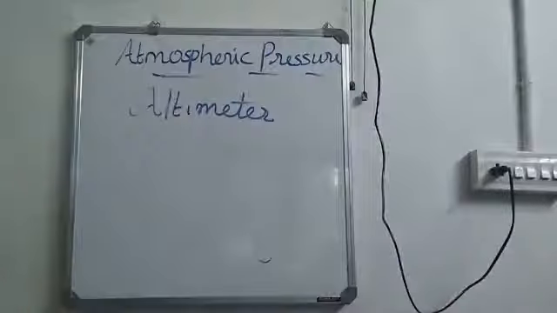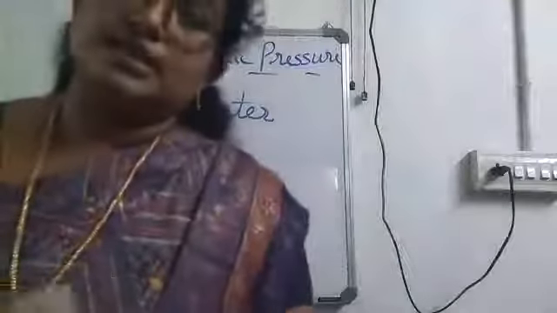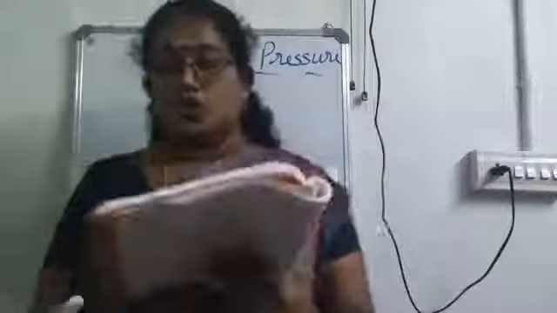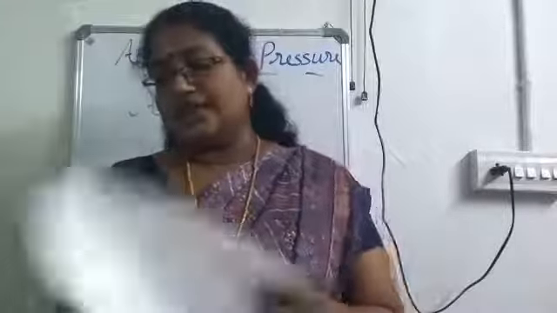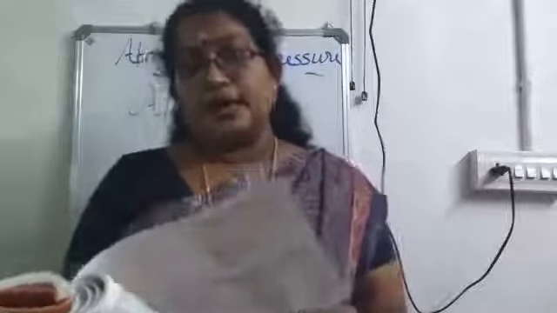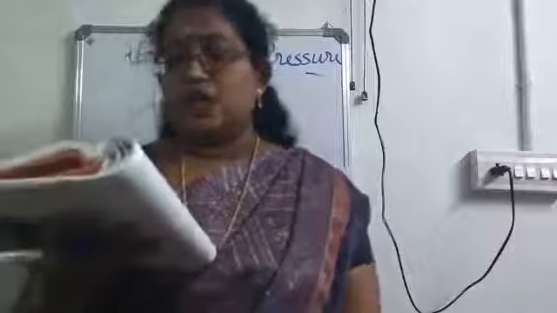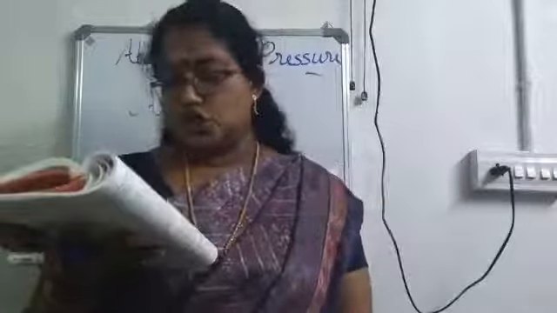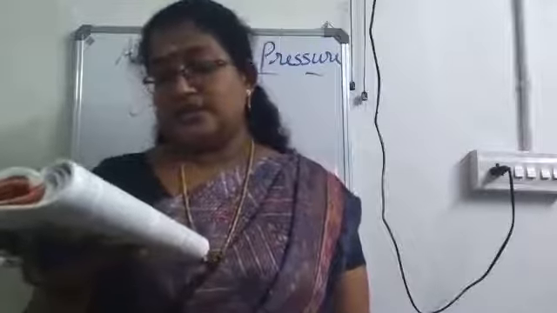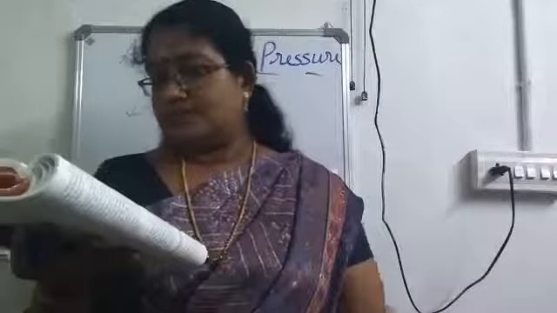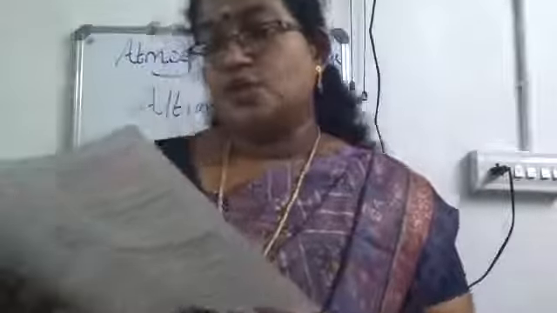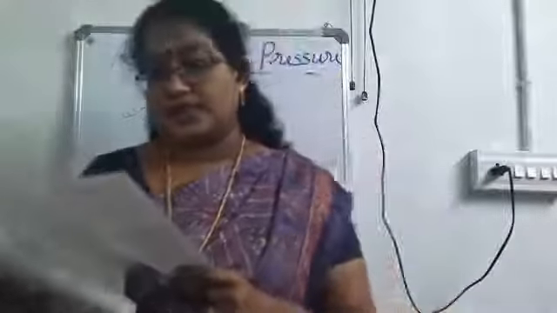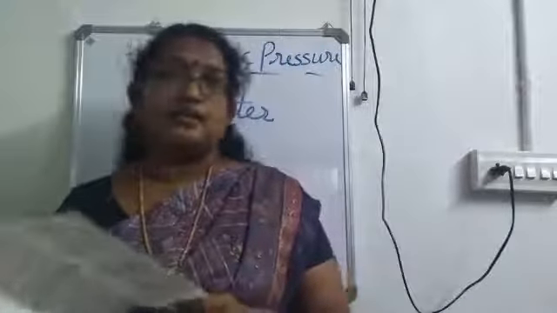Clear? So here also the entire portion is not needed. I'll just tell you which question answers you have to write. Please take page number 101. Page number 101. Question number 1, 2, 5, 7, 11, then 27, 28, 29, 30, 31 and 32.